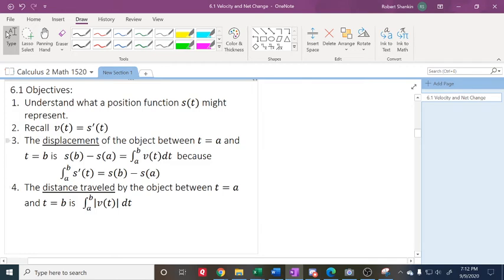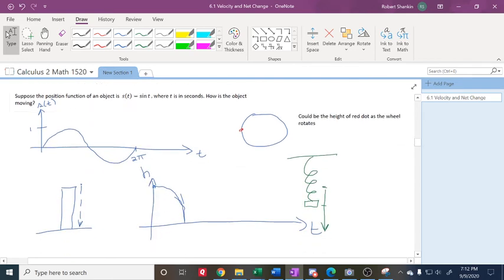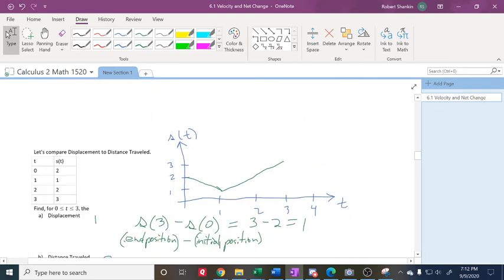Now, let's look at this. The displacement is like an area under a curve, and the distance traveled is the absolute area under a curve with absolute value. Is that the case right here? Now, the area under the curve is a lot bigger than 1.